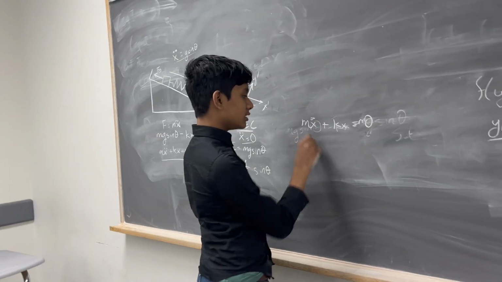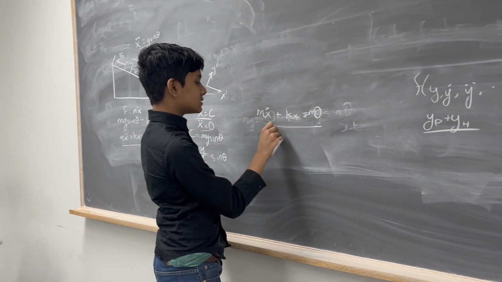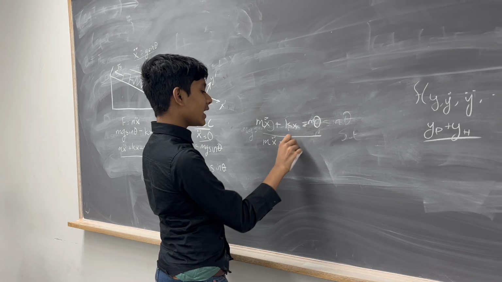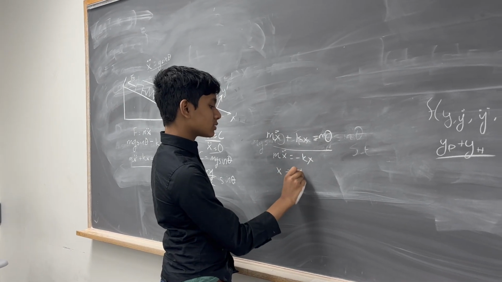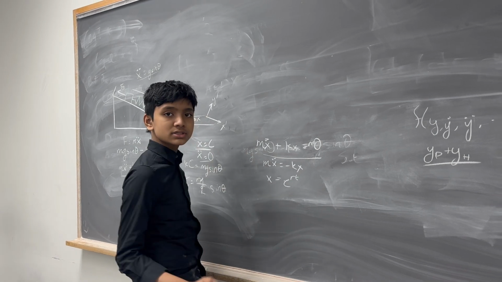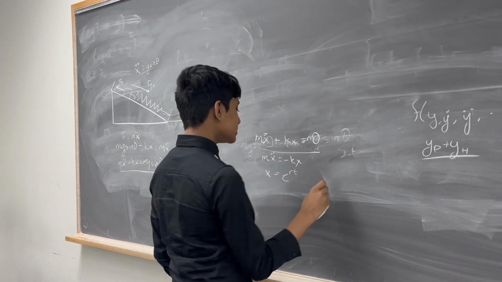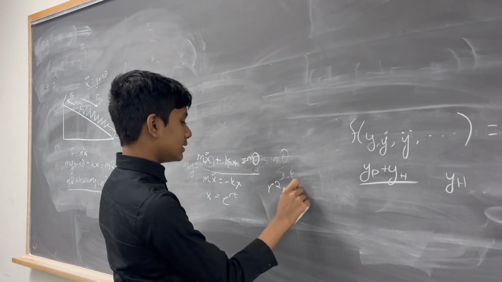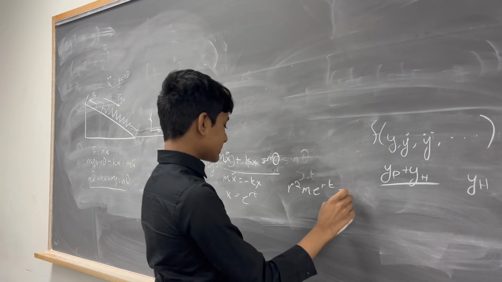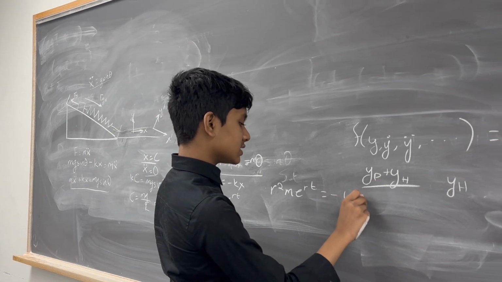That's just going to be m x double dot is equal to minus kx. So we let x be equal to e to the rt, where r is some constant, as an ansatz. The second derivative is r squared e to the rt, and the function itself is e to the rt.